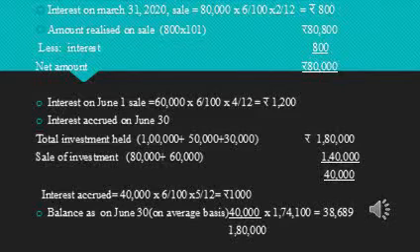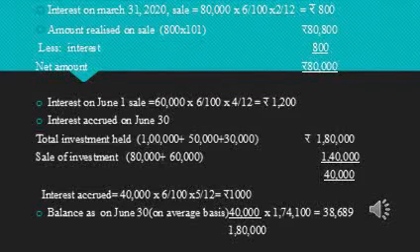And then interest on June. On June 1 again we are selling debentures at 102 ex interest for 60,000 debentures. Therefore, 60,000 into 6 by 100 into 4 by 12. From January, what is the due date? January 31st is the last due date. From January 31st to June 1st, 4 months. Therefore 1,200. Interest accrued on June 30th will be the total investment that is available.